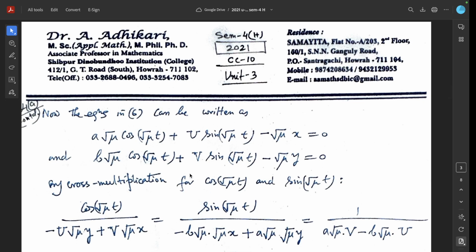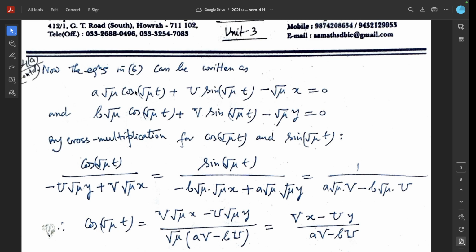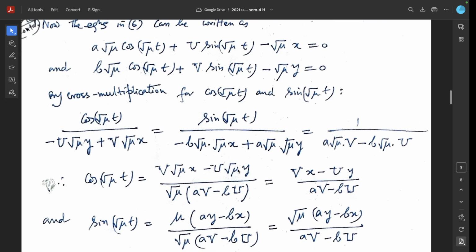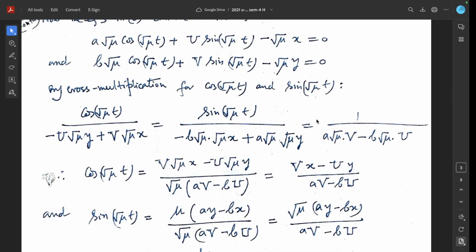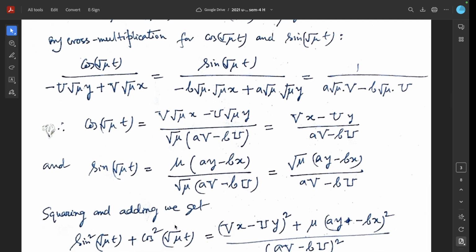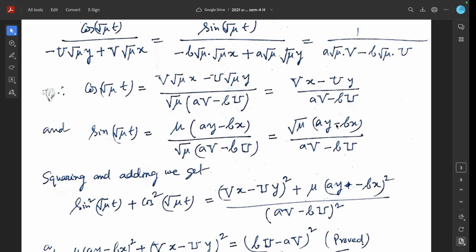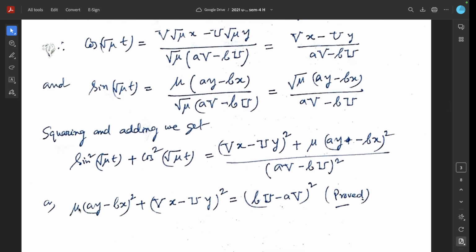By cross multiplication, solving for cos root mu t and sin root mu t, we get u into minus root mu into y, and minus of v into minus root mu into x, so plus v into root mu into x, and similarly so on. So cos root mu t equals this by this, and sin root mu t equals this by this. Squaring and adding, we get cos square root mu t plus sin square root mu t equal to 1, and this square plus this square, so we get the required result.